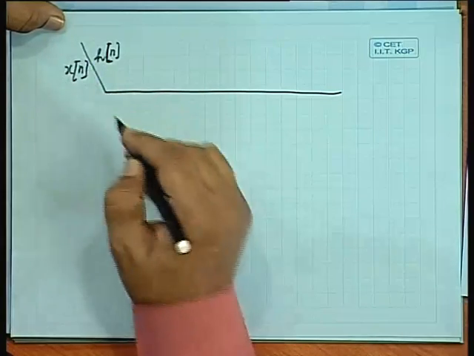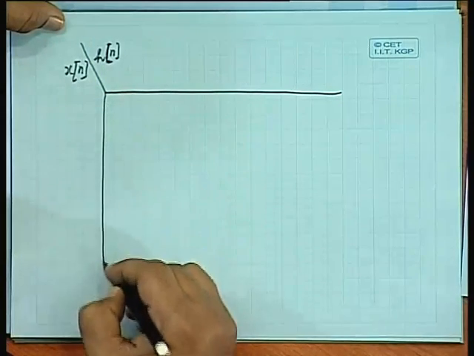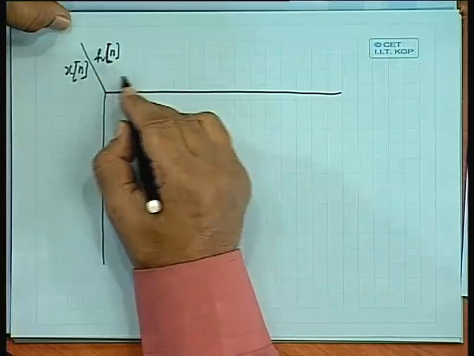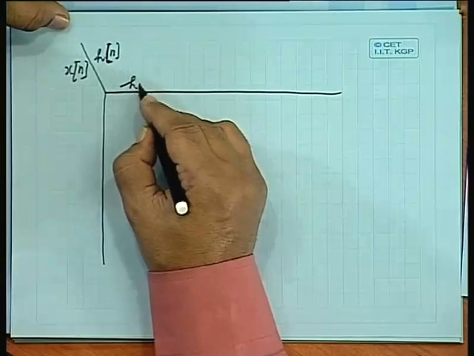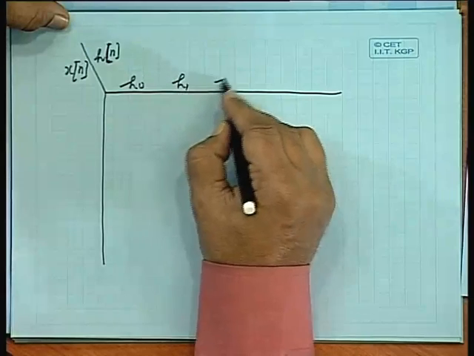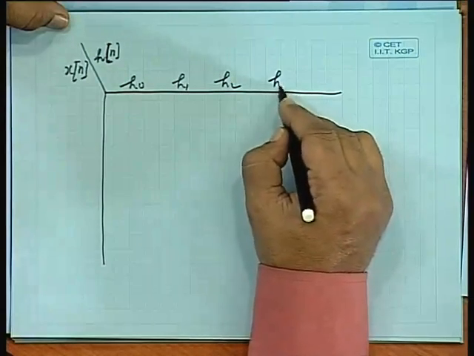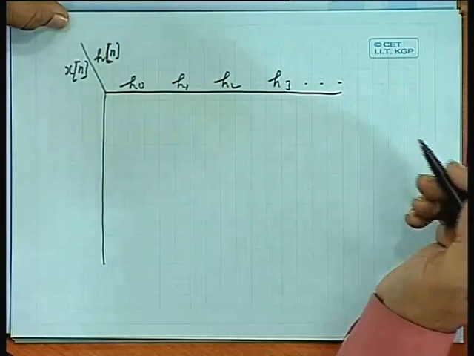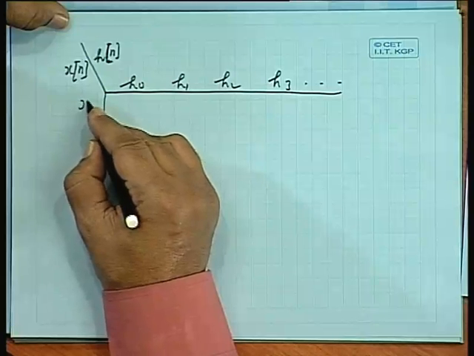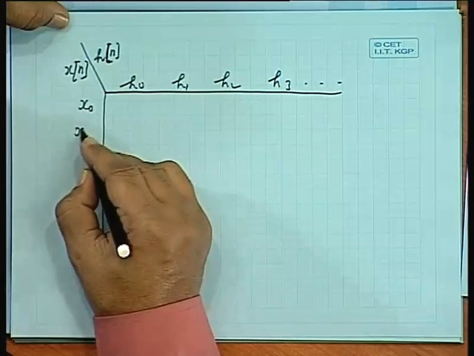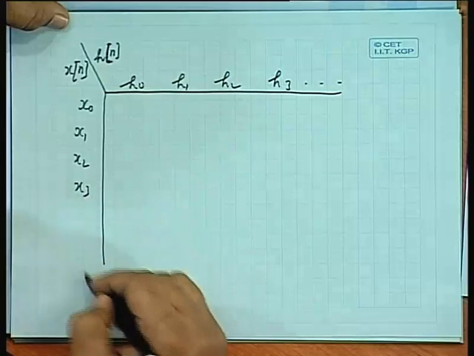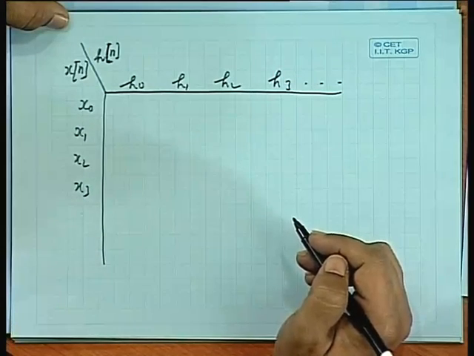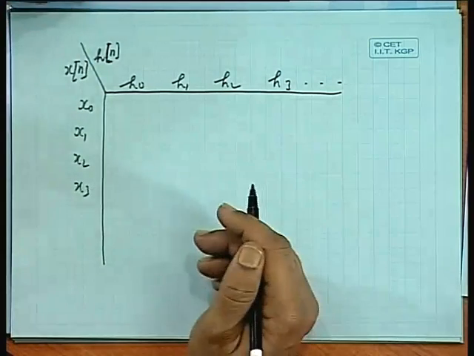Suppose we make a table. On this side we arrange h0, h1, h2, h3 and so on. This side we write x0, x1, x2, x3 and so on, whatever be the length of the sequence.